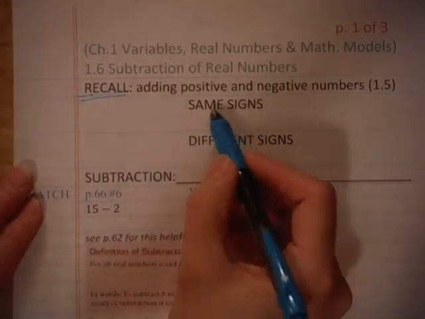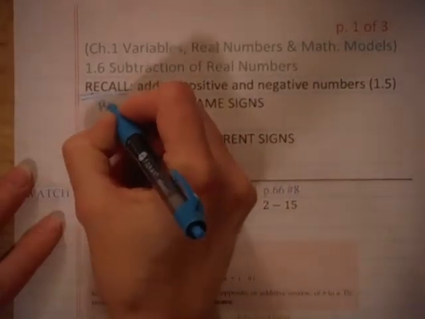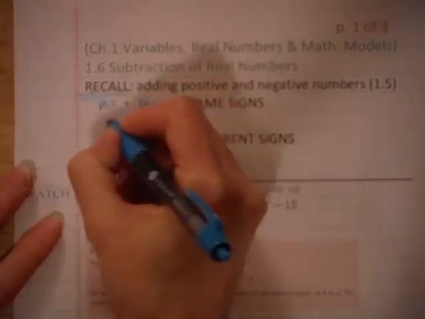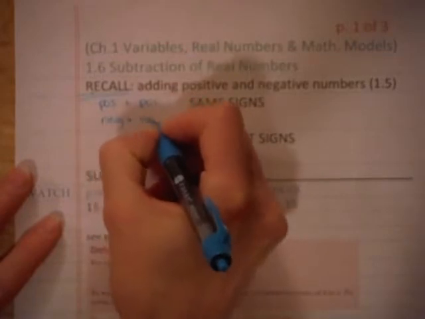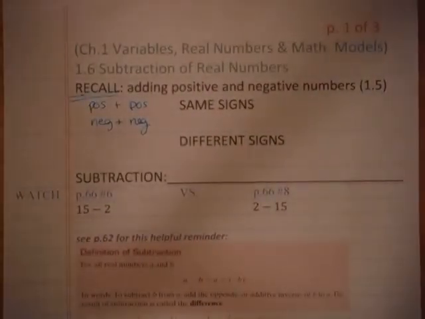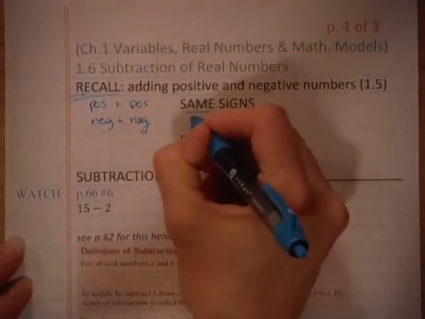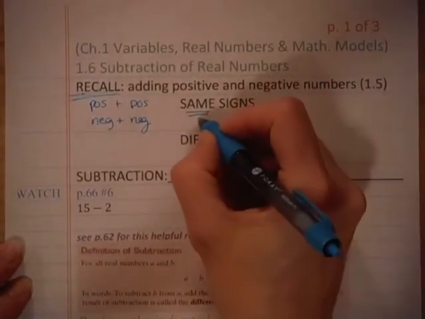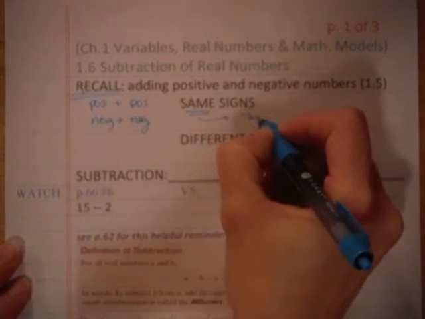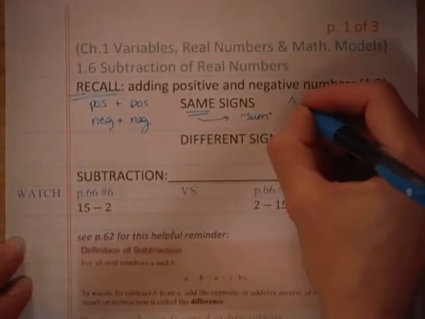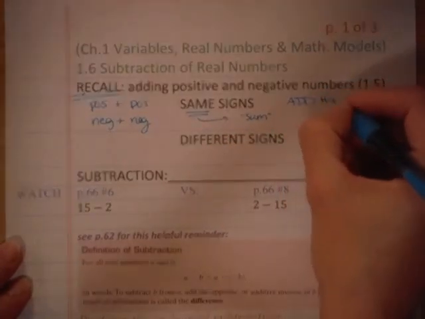If you have same signs, for example, a positive plus a positive, or a negative plus a negative, this is a review from last section. Same signs reminds you of the word sum, which means to add the numbers.